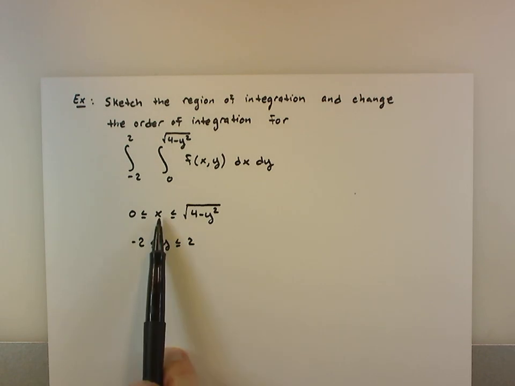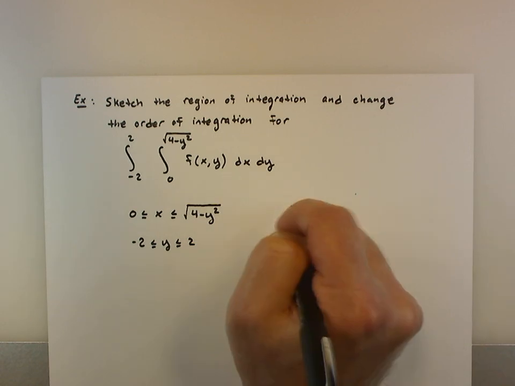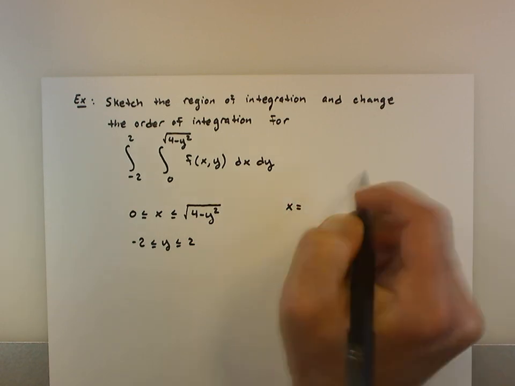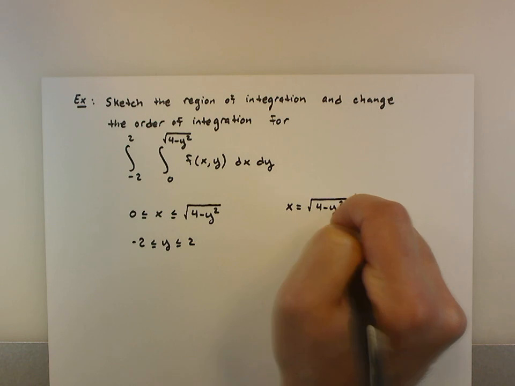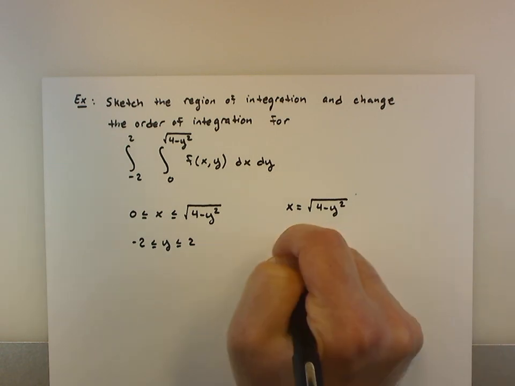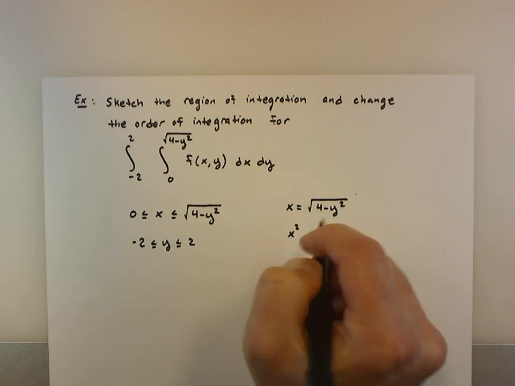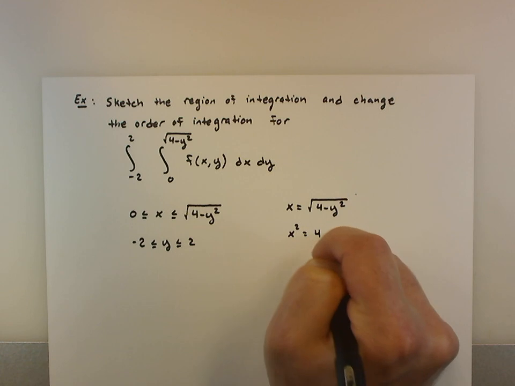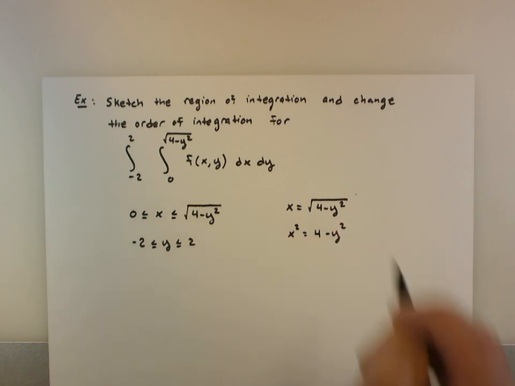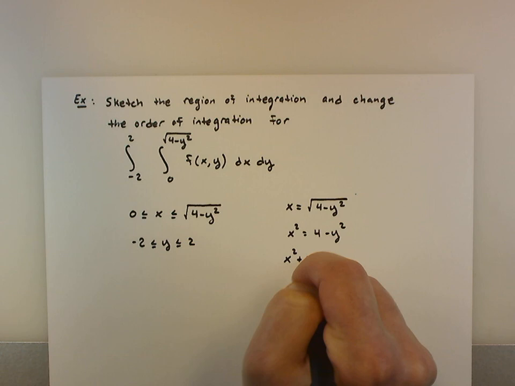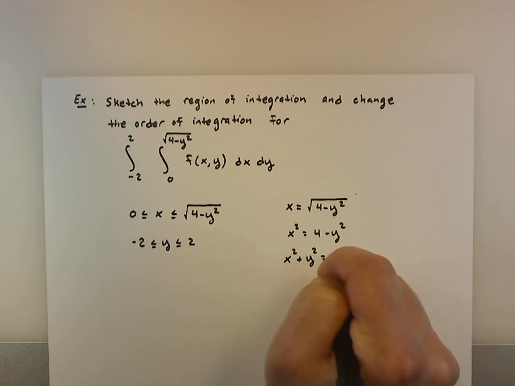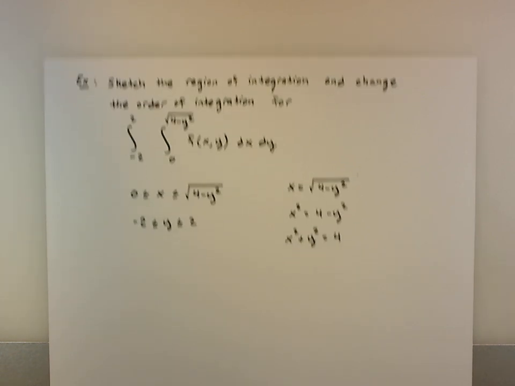So if I focus on x less than or equal to this root, if I set that equal, x is equal to the square root of 4 minus y squared. If I square both sides, x squared is equal to 4 minus y squared. If I add y squared to both sides, I get x squared plus y squared is equal to 4.